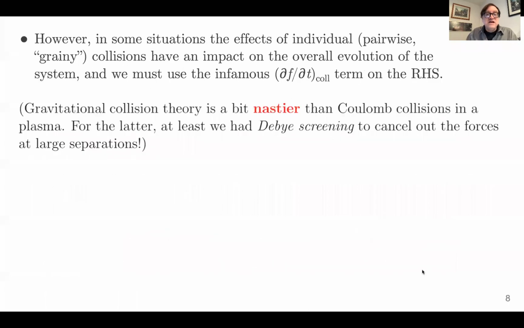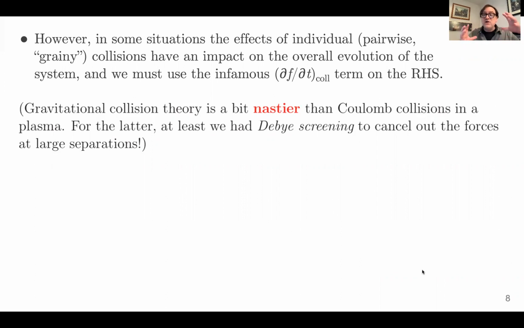Yes. And of course, there are places where you do have to worry about actual collisions, pairwise collisions where their effect gets summed up over time, as we saw for Coulomb collisions as well. And when we actually start to think about it, we realize that there are some aspects of this problem that are a bit more difficult to deal with. In plasmas, we had the Debye length, right?